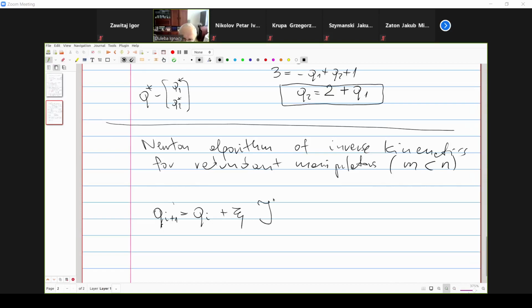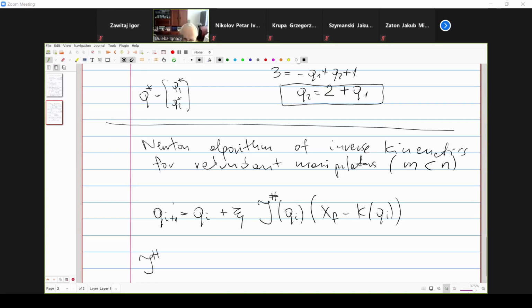Here was the inverse of the Jacobi matrix. Of course, in this case, we cannot make any inverses. So we draw like this. And the rest remains the same as previously. So what is this?